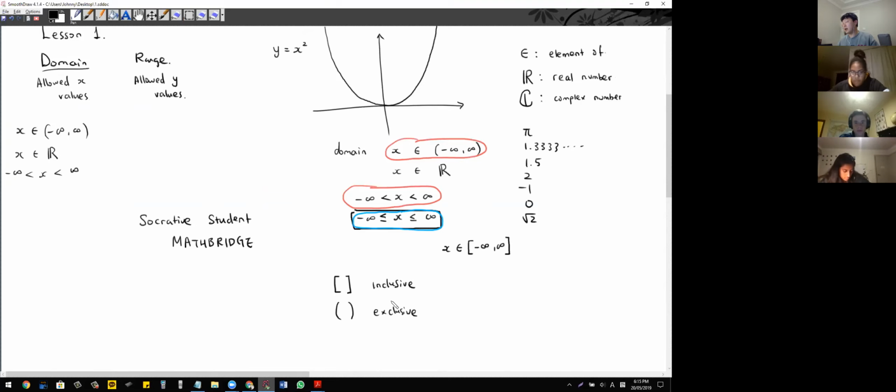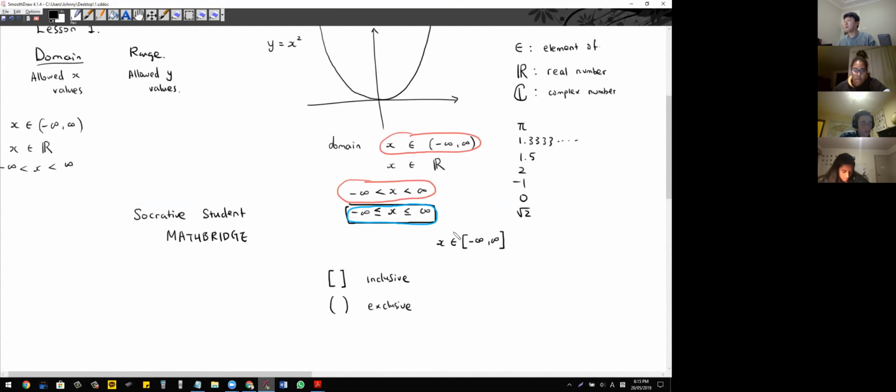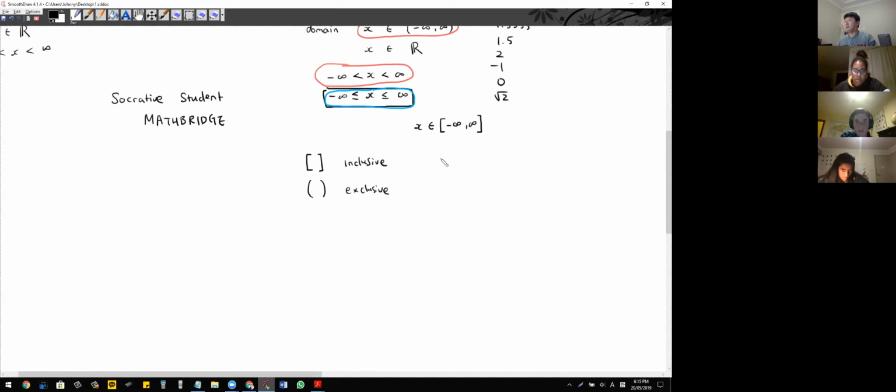That means it does not include that point. So for example, if I have x between 1 and 3, then we write x is an element of 1, 3. If x can equal 1, but is less than 3, then we write it as, let's give it a go.